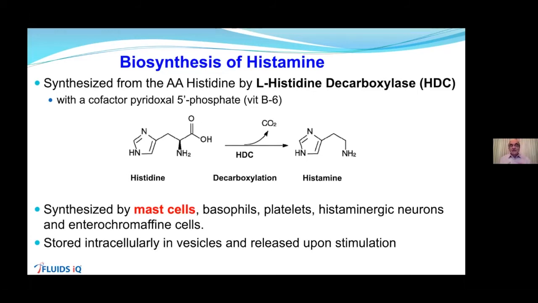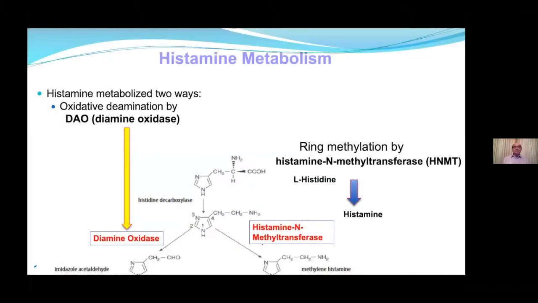And so it is stored in little vesicles inside these cells, waiting to be released if there's a need. And when histamine is released, there needs to be a way to get rid of it, and the way that you do that is through 2 pathways.